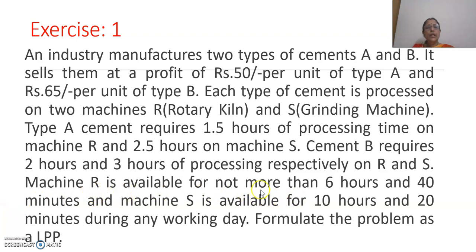Machine R is available for not more than 6 hours and 40 minutes per day. Similarly, machine S is available for 10 hours and 20 minutes only on each day. Now they have asked us to formulate the problem as a linear programming problem.